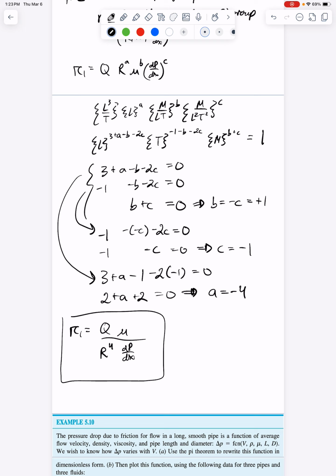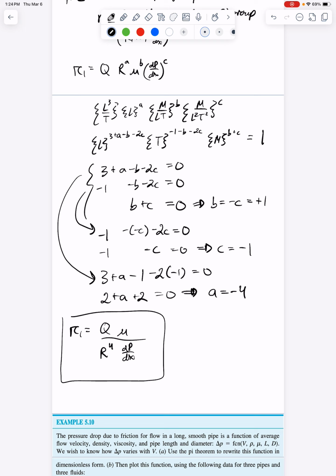Despite your parameters having different values, if you end up obtaining the same pi group for 2 different flow setups, similar pi groups imply that there is similarity between these 2 setups. Similar pi value means that the flow characteristics happen to match between these 2 setups, whether it be flow profile or other flow characteristics. Something is matching between those 2 cases.